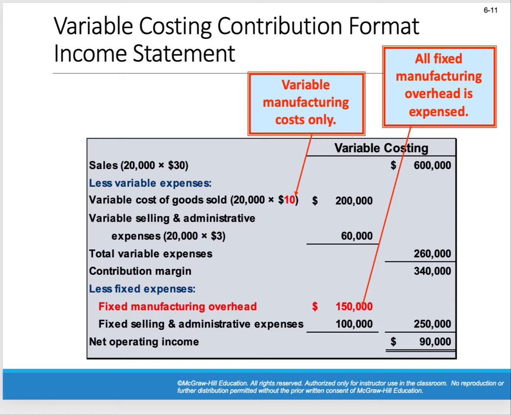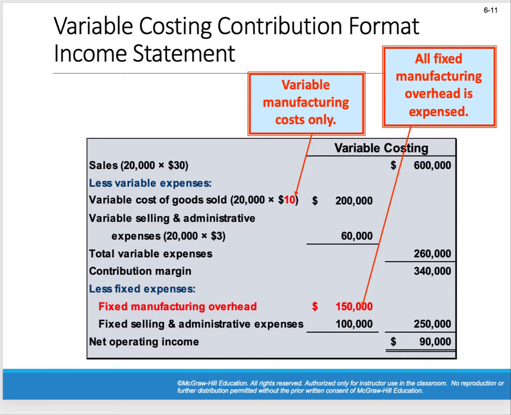That $16 that we saw in the previous video, that was the absorption costing manufacturing unit price, okay? We're working with the variable costing, so we have to use the variable manufacturing cost only. Okay, we get $200,000. Well, that's easy. 10 times 20,000 units should give us $200,000 of what? Variable cost of goods sold.